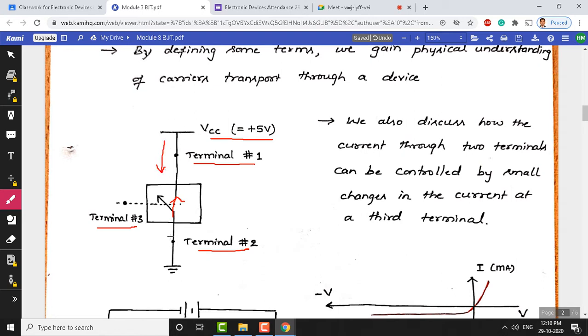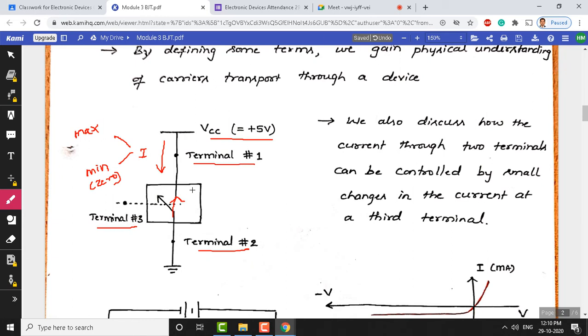The current flowing from supply voltage VCC to the ground, you can make this current maximum, or you can make it minimum or 0. It is possible by just operating this 3rd terminal here.